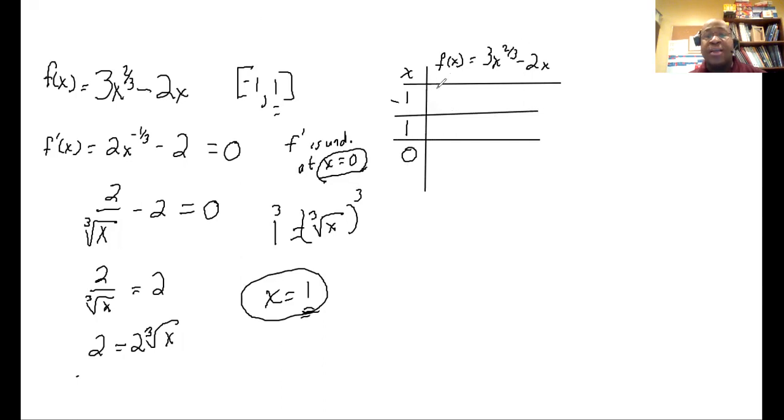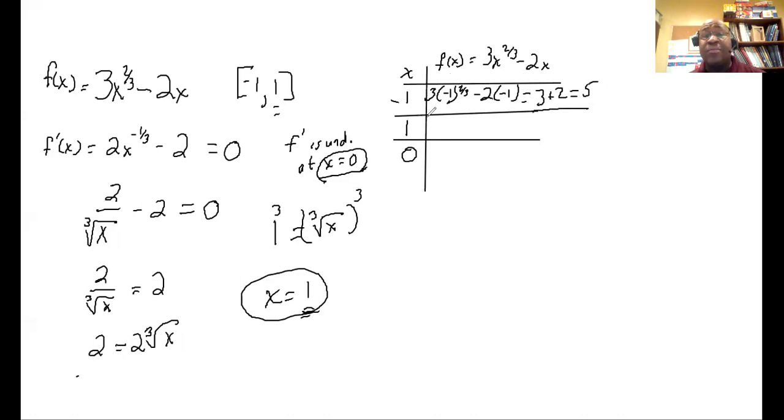So for -1, you have 3 times -1 to the 2/3 power minus 2 times -1. So -1 to the 2/3 power, that's going to be equal to +1. So it'll be 3 plus 2, which is equal to 5.